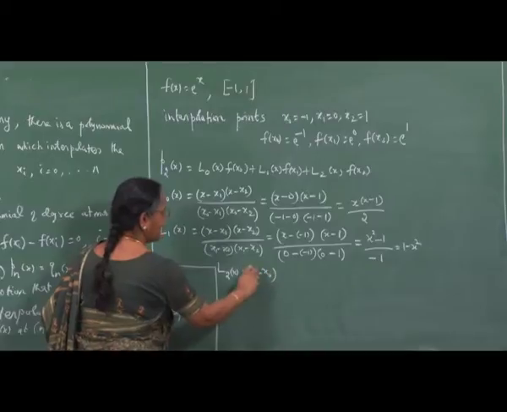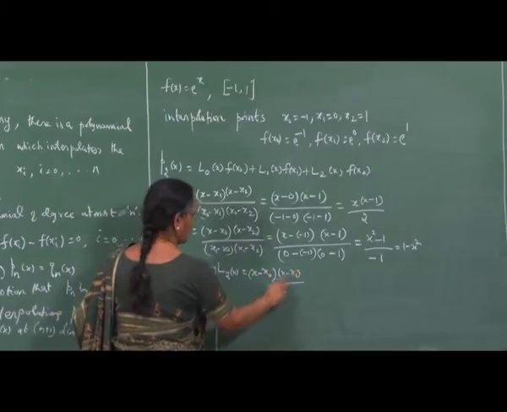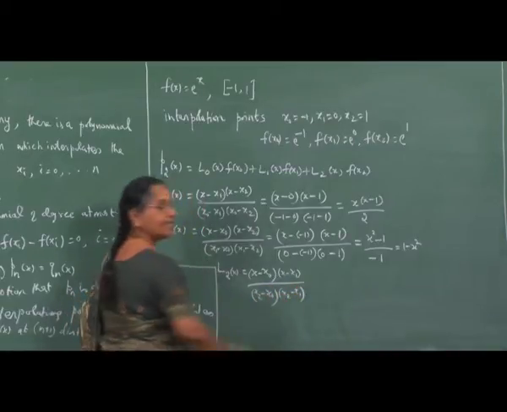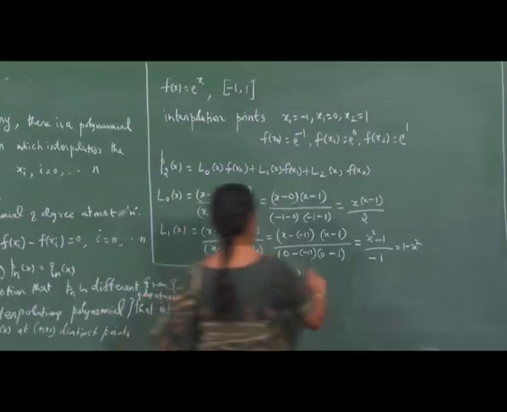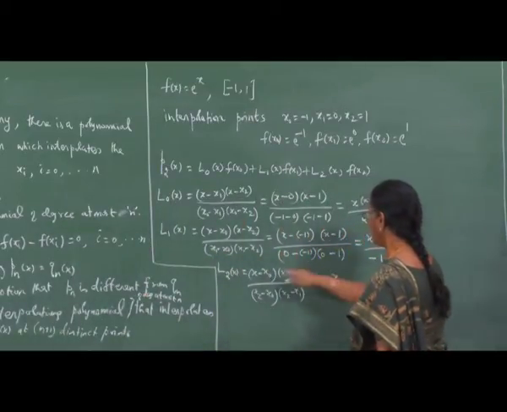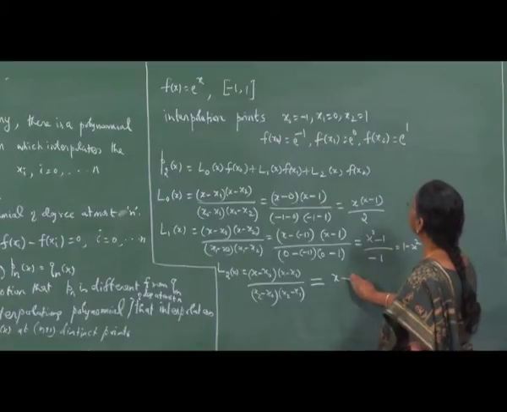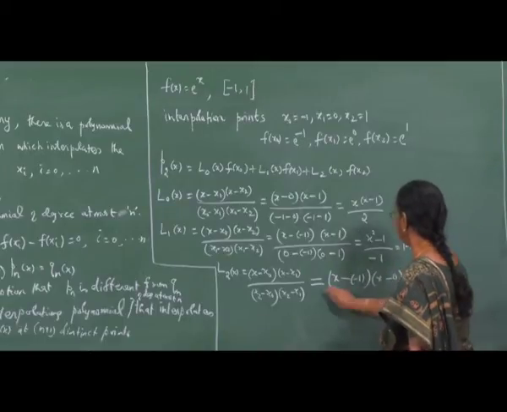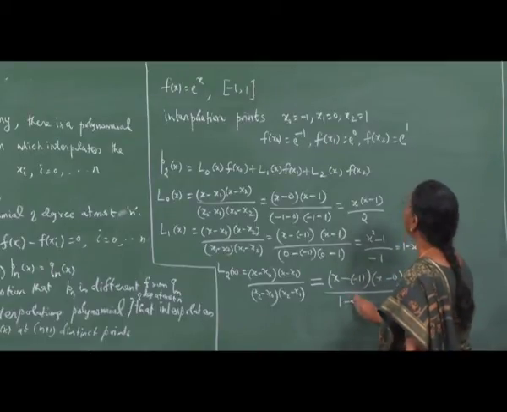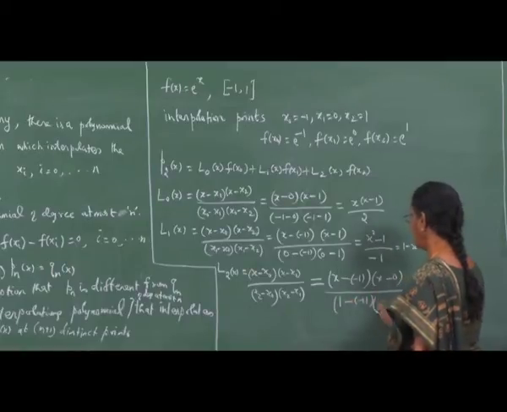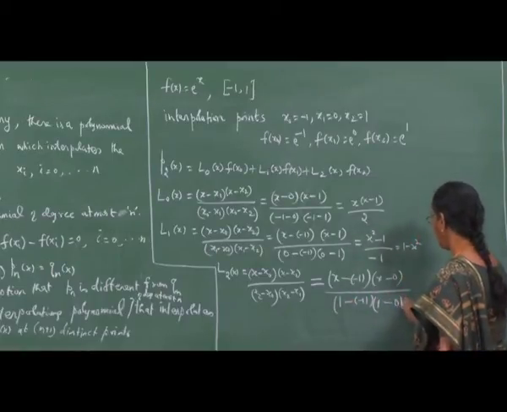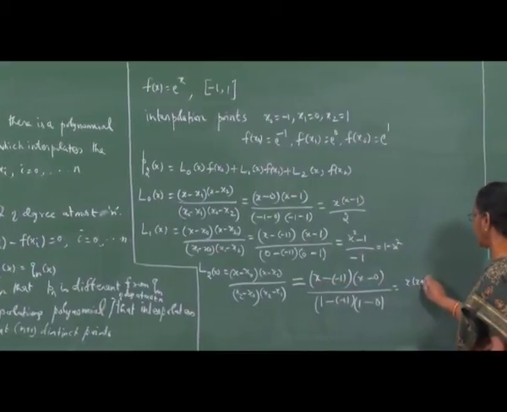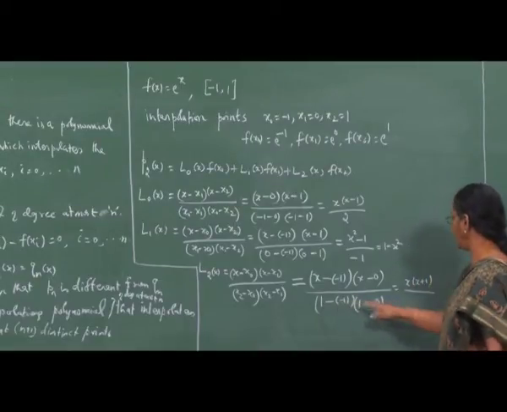This will be x minus x naught into x minus x1 by x2 minus x naught into x2 minus x1. We substitute the values for x naught, x1, x2. So, x minus x naught is x plus 1, x minus x1 is x, x2 minus x naught is 2, and x2 minus x1 is 1. This gives you x plus 1 into x divided by 2 into 1.